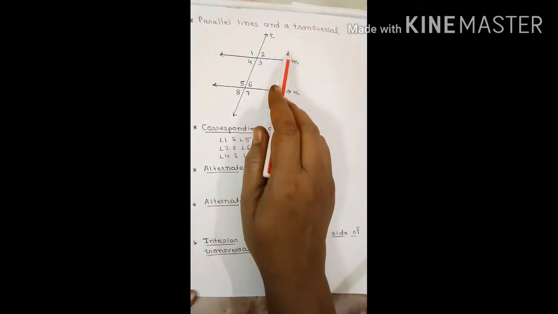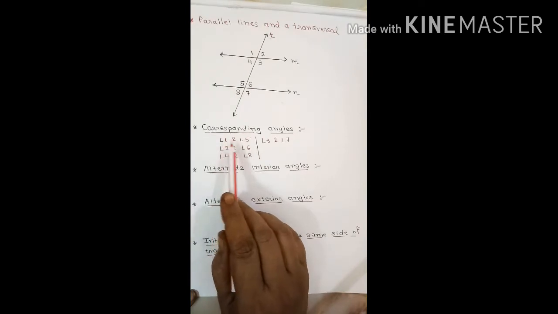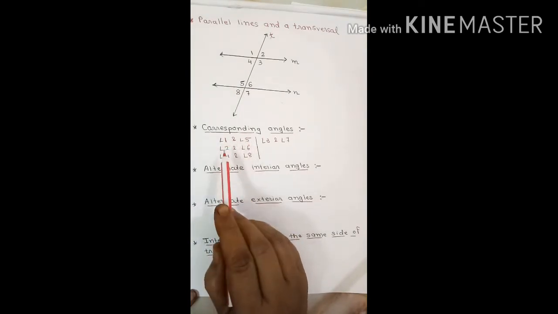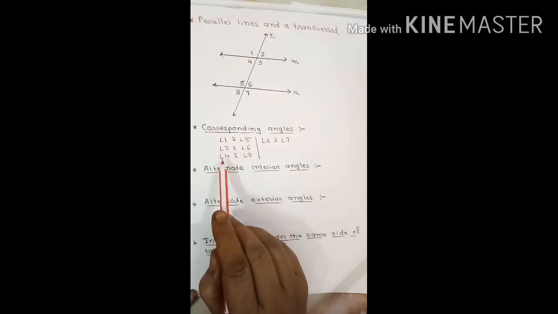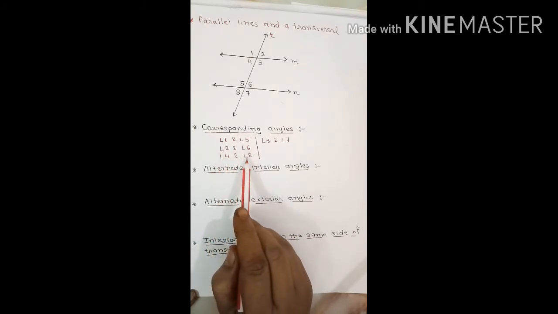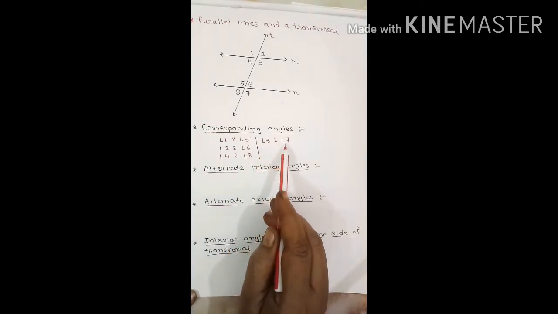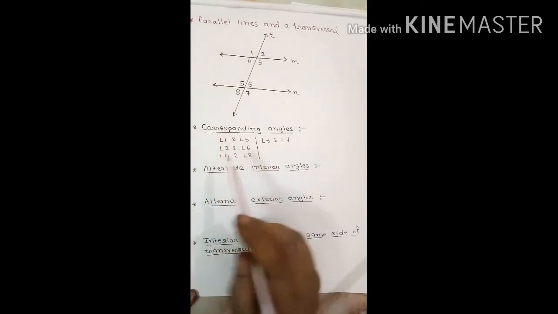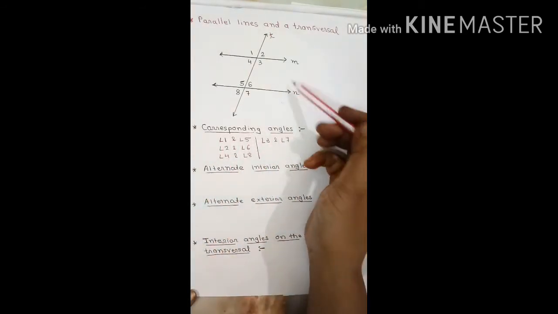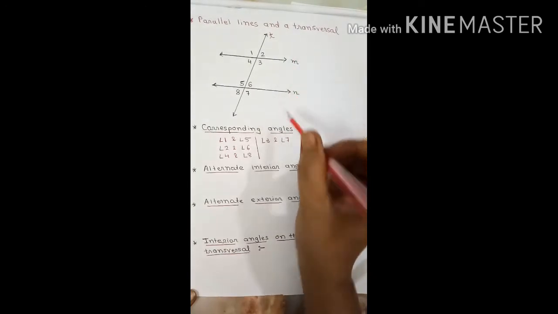That means if M is parallel to N, then the measure of angle 1 is equal to angle 5, angle 2 is equal to angle 6, angle 4 is equal to angle 8, and angle 3 is equal to angle 7. Vice versa, if corresponding angles are equal, then lines are parallel. This also will come in the form of a theorem.